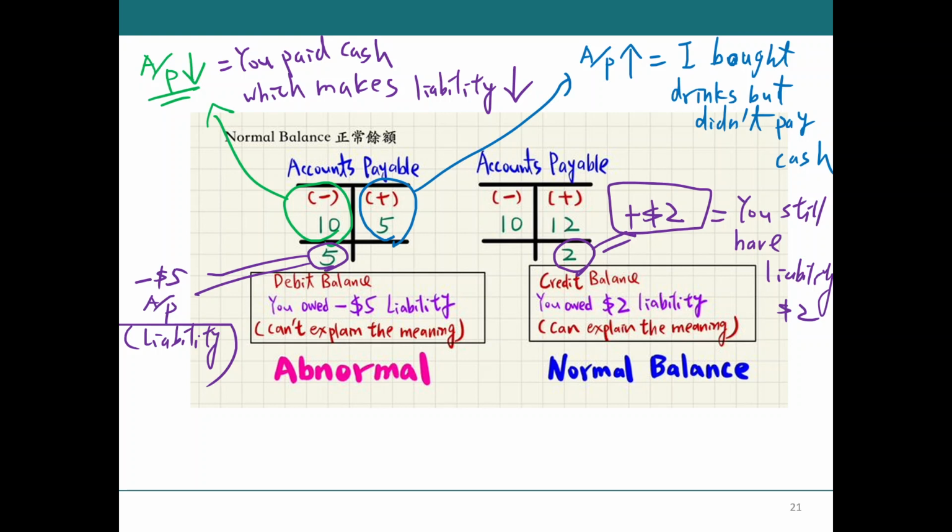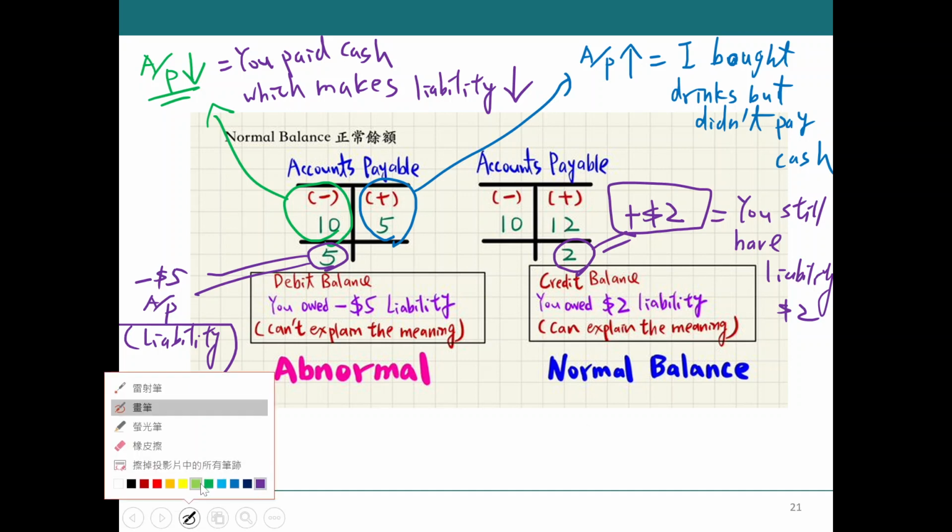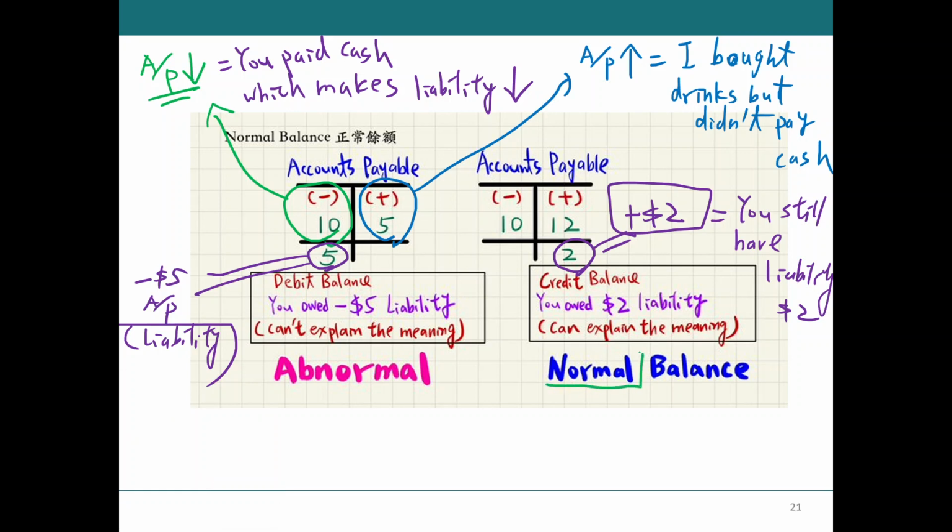So you should find out that the liability final amount appears on your credit side. For liability, which one is the normal balance? Normal balance means it's correct.